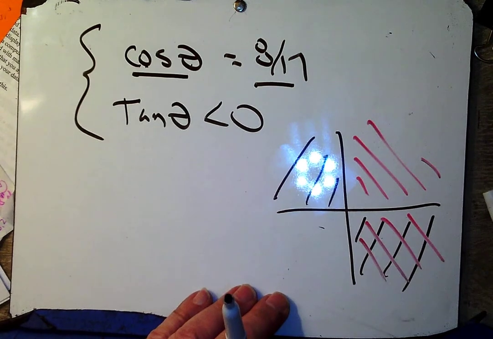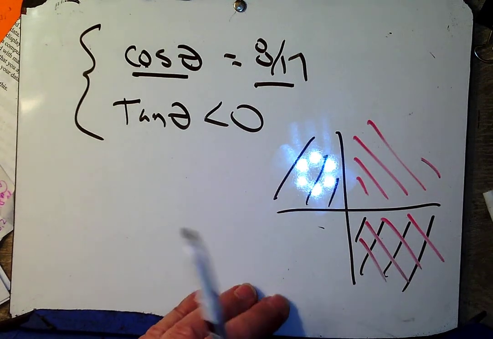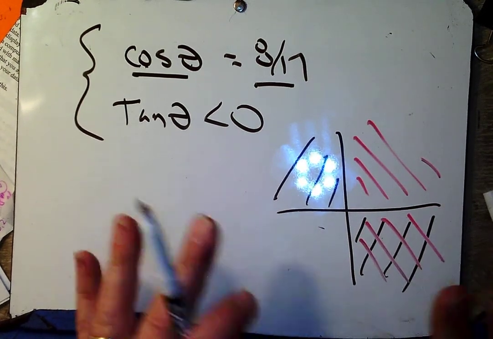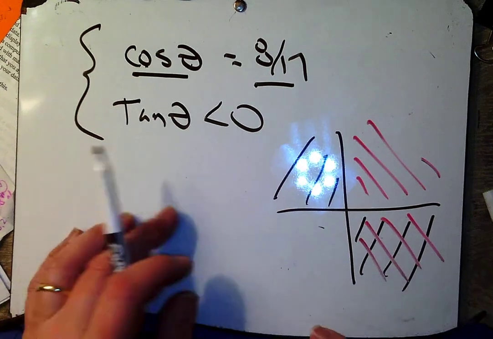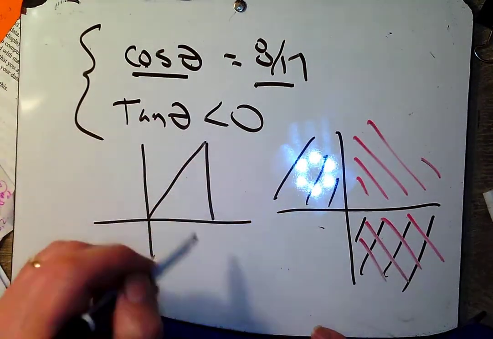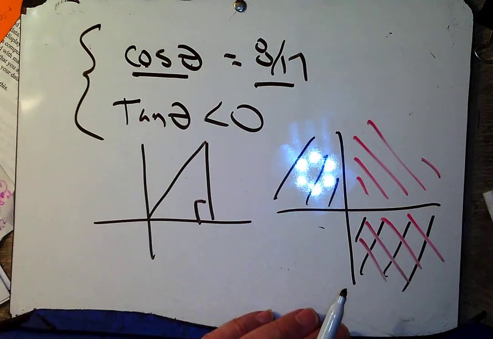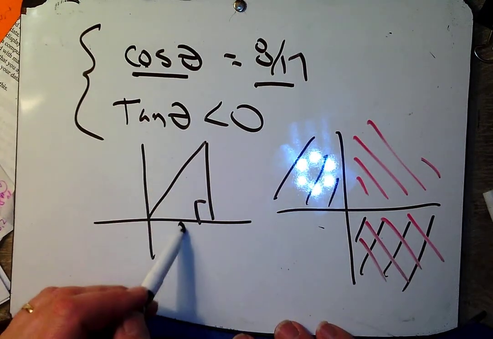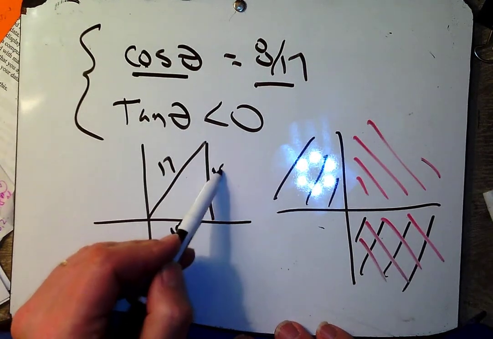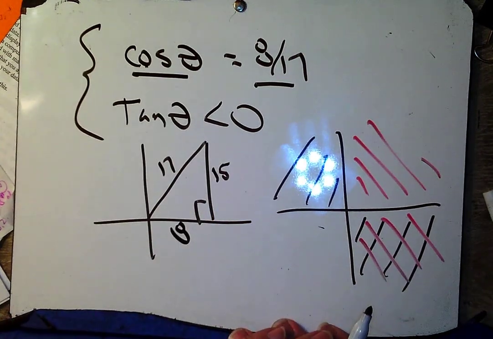And that actually kind of matters because people make all kinds of sign mistakes because they don't actually draw the triangle where it belongs. They just say, here's my triangle, and so they say, oh, okay, so this is going to be 8 and 17, and that must be 15.